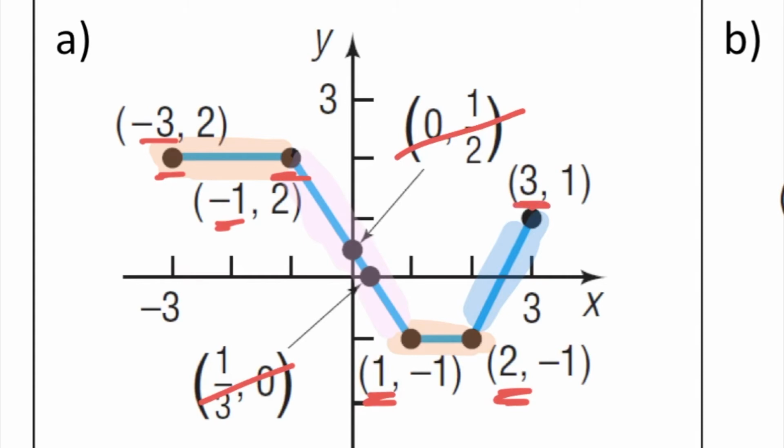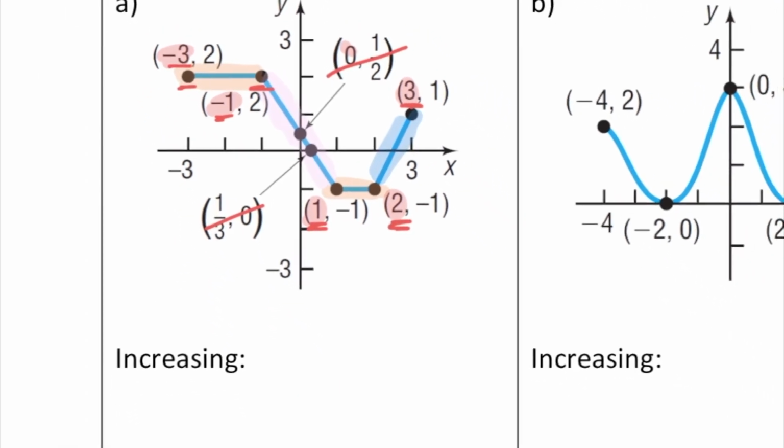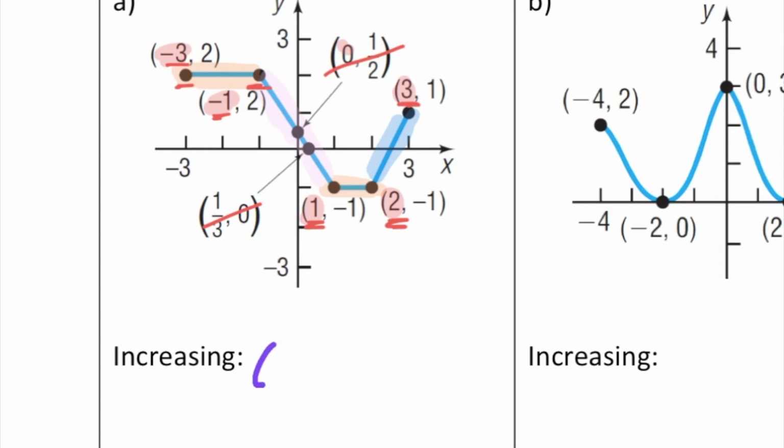The numbers that I underlined in red, these are the numbers that are going to be in your interval notation. So let's write that out. Your increasing interval is from 2 to 3.